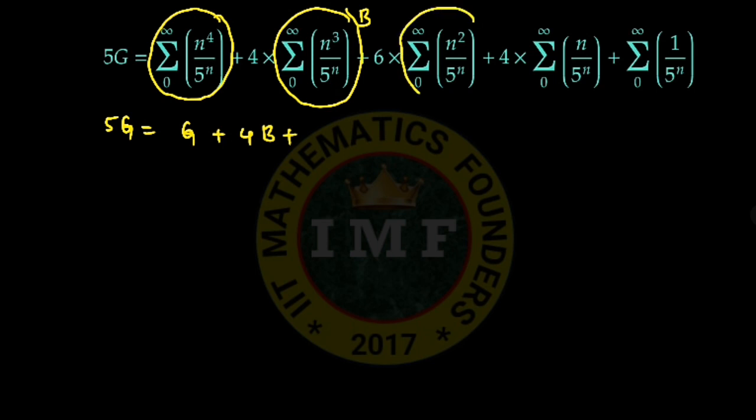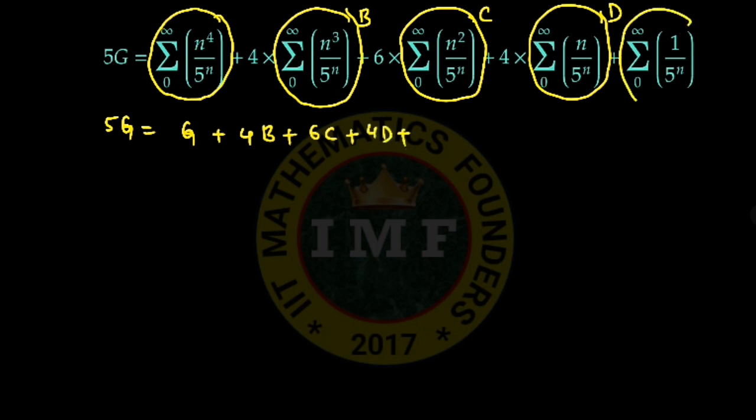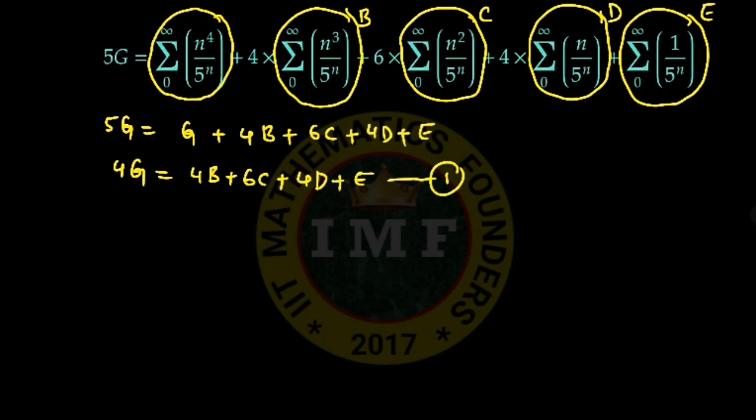This one I am taking as some capital C, that is 6C. This one I am taking as some capital D, so it is 4D, plus this value as some capital E. So on simplifying you are going to get 4G equals 4B plus 6C plus 4D plus E. Let me take this as equation 1.